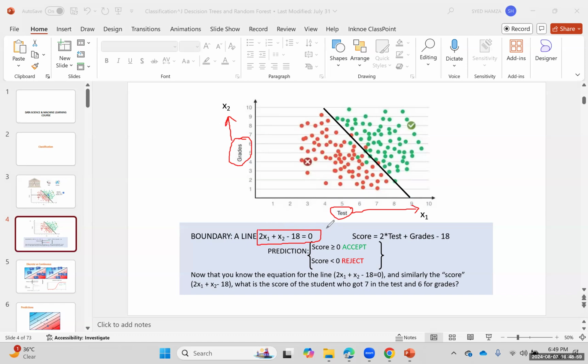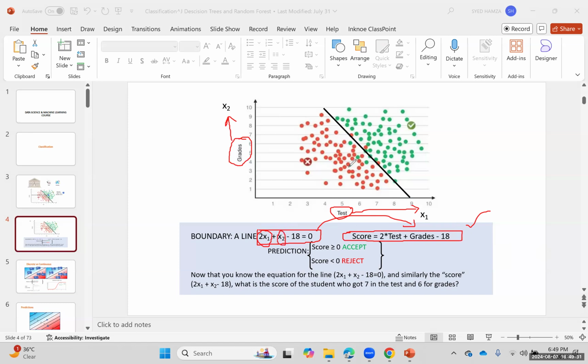If you transform that to this equation, it becomes a score. Some people call it score, some people call it ranking. For each data point, we write it in the score or ranking format, which means x1 is test, so your score will be calculated by multiplying 2 with your test variable, and then you add that with the points coming from the grades.